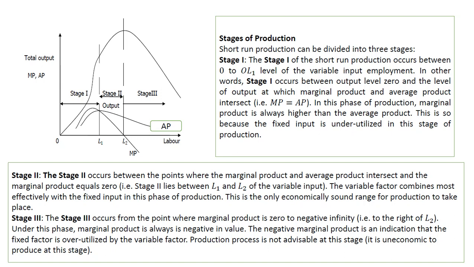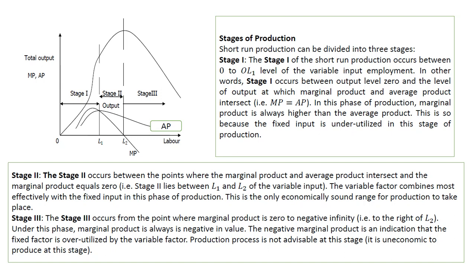Stage 1 of the production process is characterized by underutilization of the fixed input by the variable input. Imagine a block manufacturing factory with 2 or 3 people, when the factory can take like 10 people and work with the machine effectively a day.